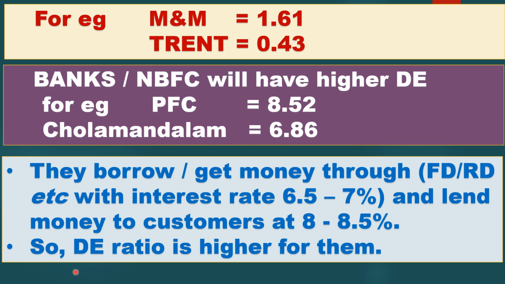Okay, so since they borrow money, they have more debts, so the DE ratio is higher for them. It is so natural for them, we need not worry about it.